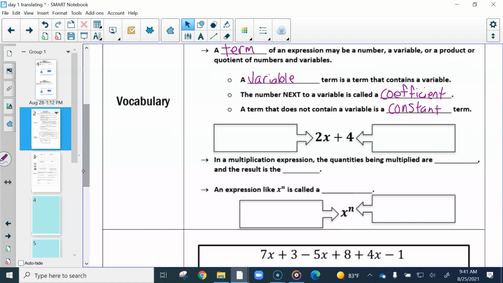These boxes are just reiterating that 2x would be a variable term because your x is your variable. You don't have to write this part. And then the 4 is your constant term because it does not have a variable. But both of them are different types of terms.